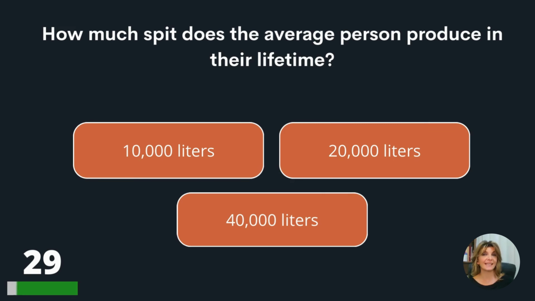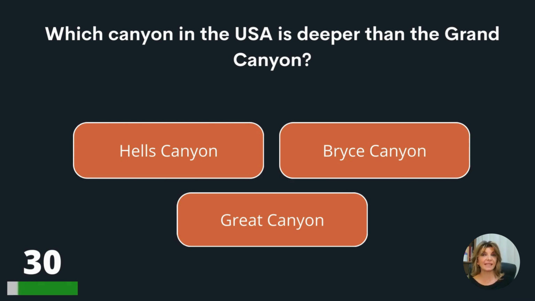How much spit does the average person produce in their lifetime? 10,000 liters, 20,000 liters, or 40,000 liters? 40,000 liters. Question 30. Which canyon in the USA is deeper than the Grand Canyon?